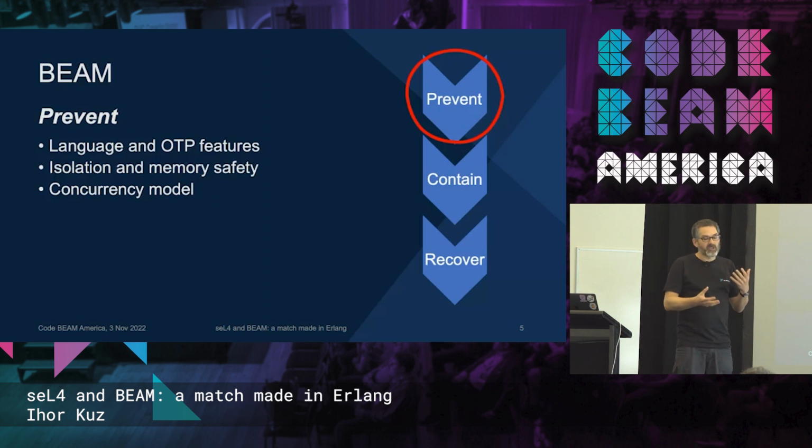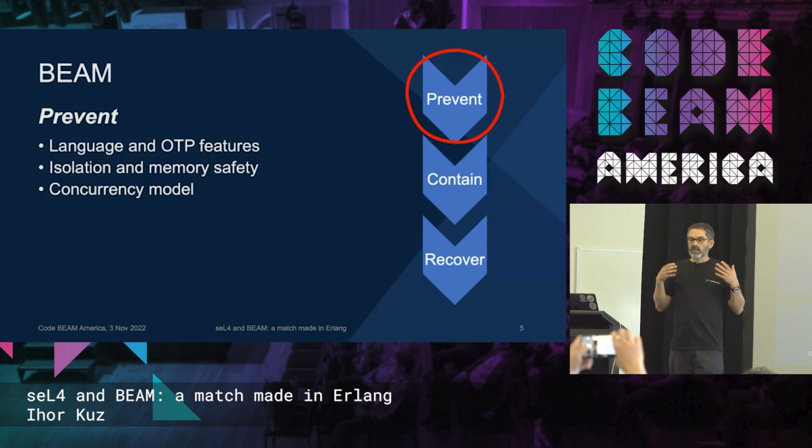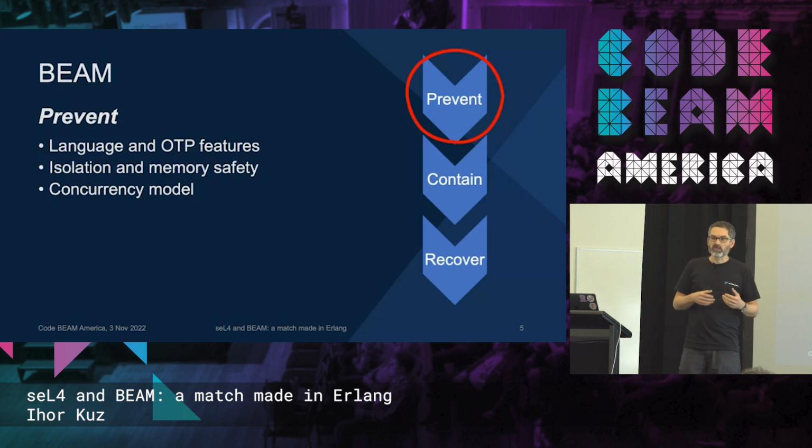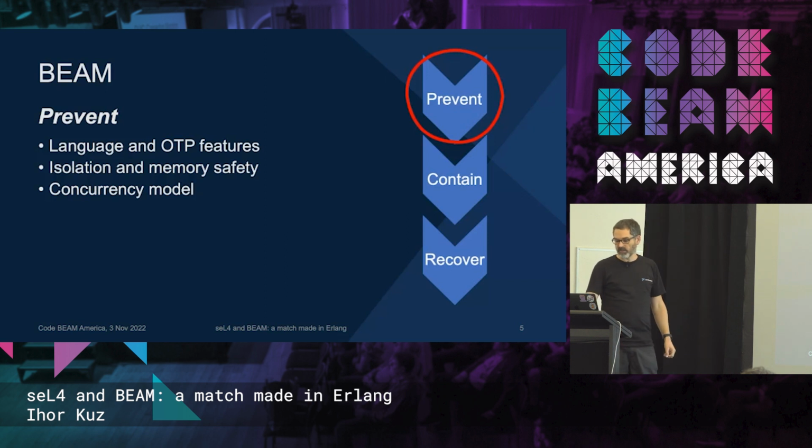The isolation and memory safety that's inherent in having all these processes running somewhat independently and communicating helps us also prevent problems within the Beam. And then the concurrency model helps us avoid a lot of concurrency problems. A lot of classic problems with security happen through concurrency. So if we have a good concurrency model, we can build good concurrent systems. We can avoid a lot of those problems.